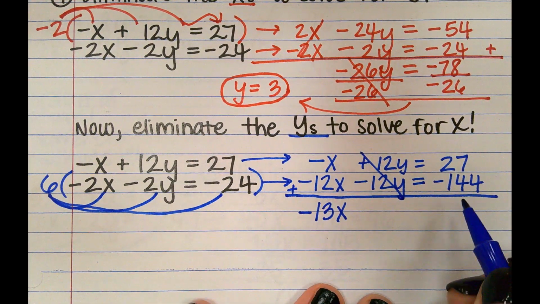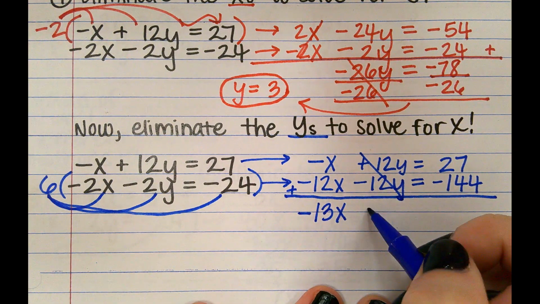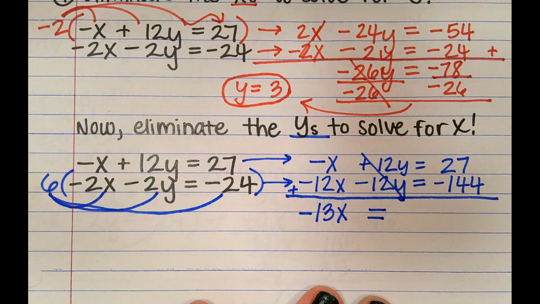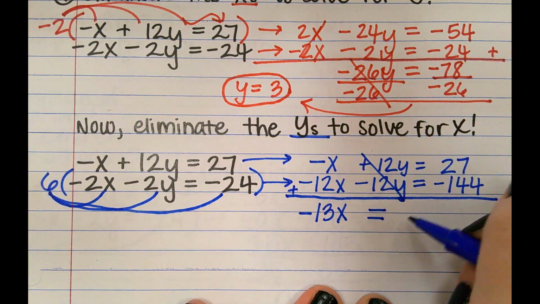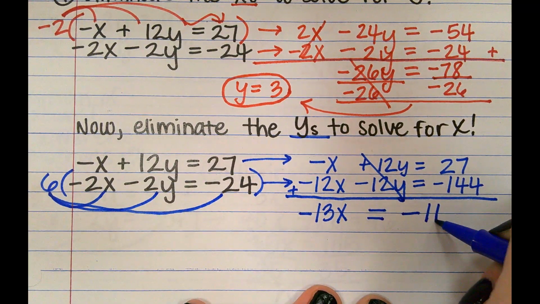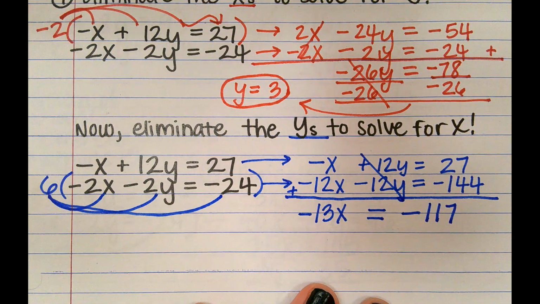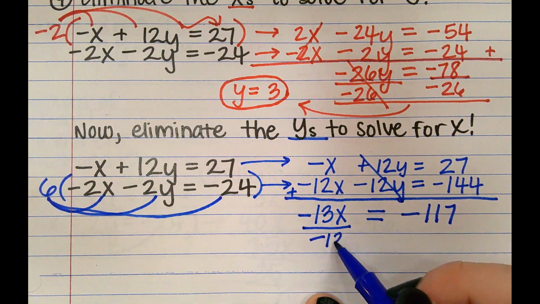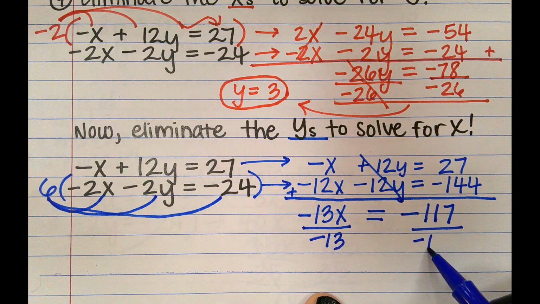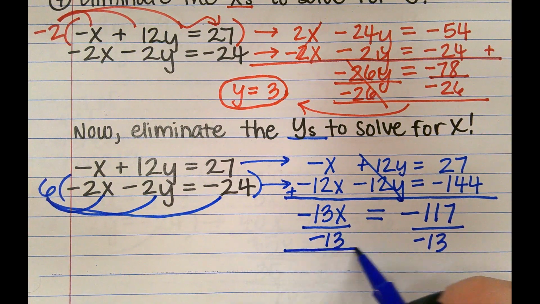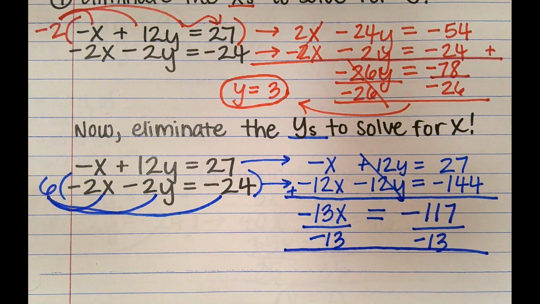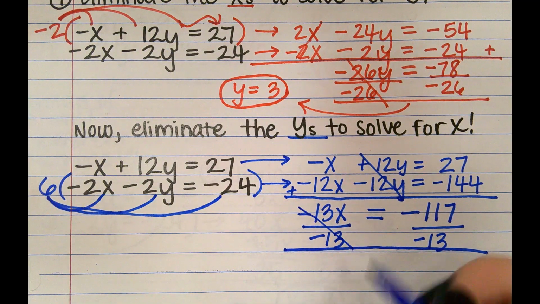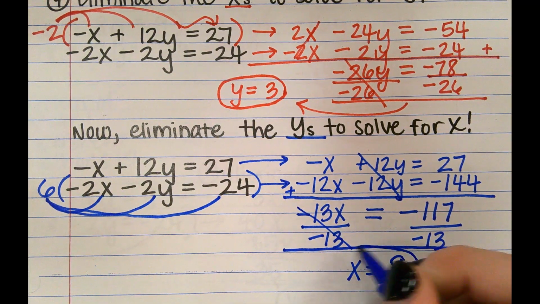Good. -144 plus 27 is -117. Perfect. And we divide by -13 on both sides. Which gives you 9. Okay, x equals 9. Perfect.